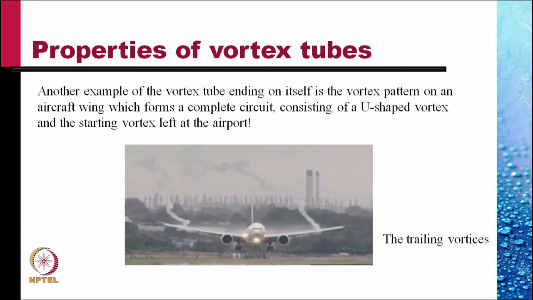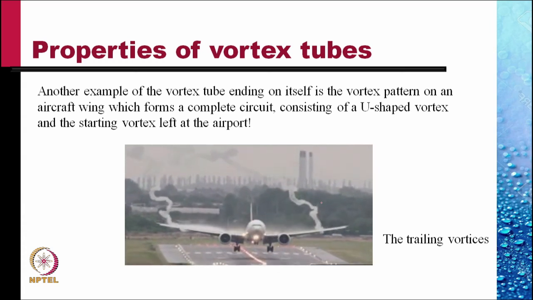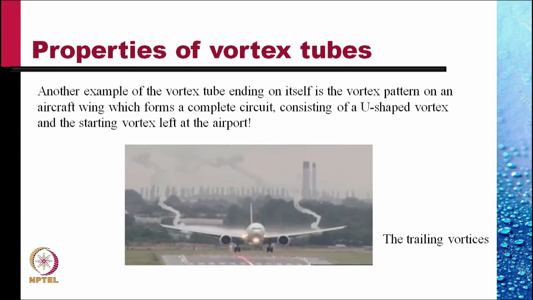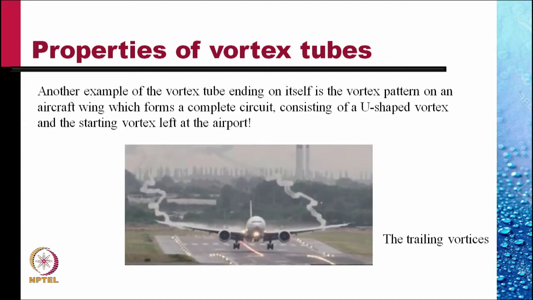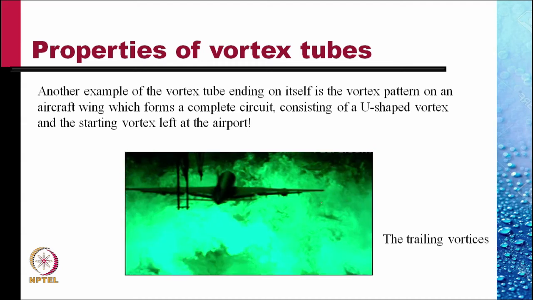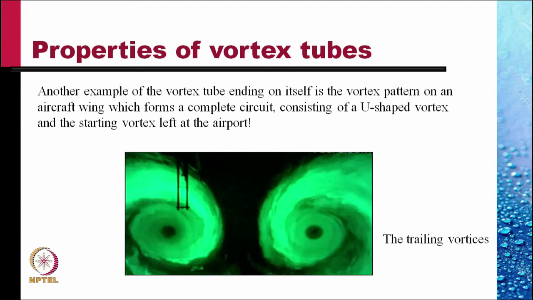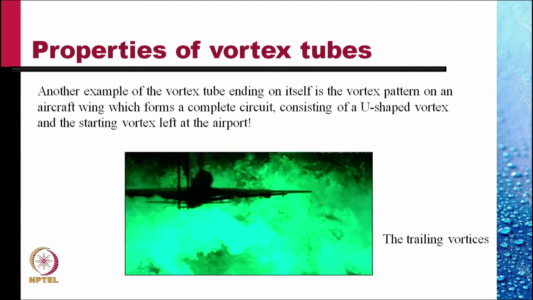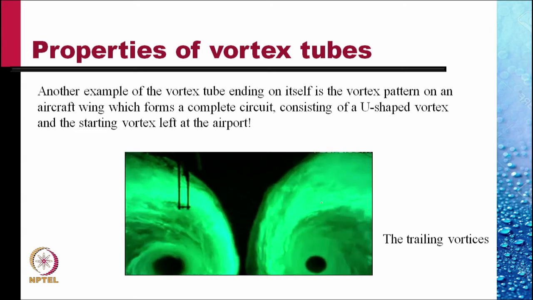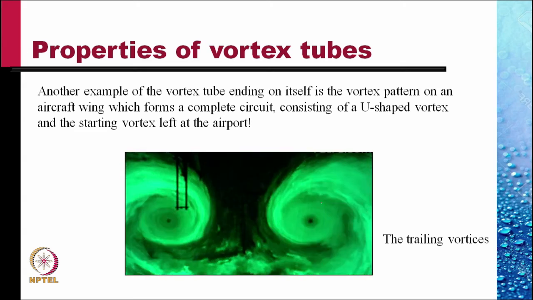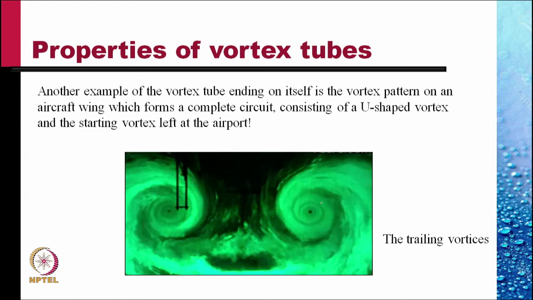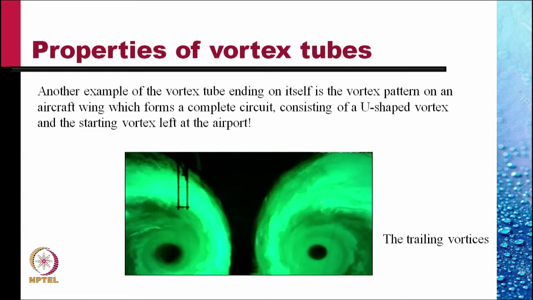This picture shows the vorticity trailing from the edges of the aircraft wing. Another view of these trailing vortices: we are looking behind the aircraft and the smoke is swirling around, showing two distinct vortices at the two wingtips.